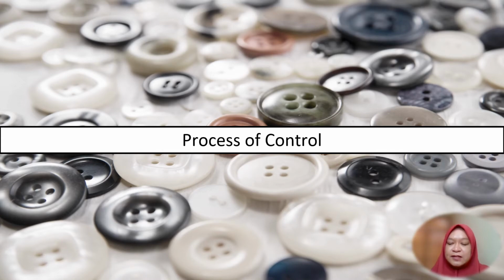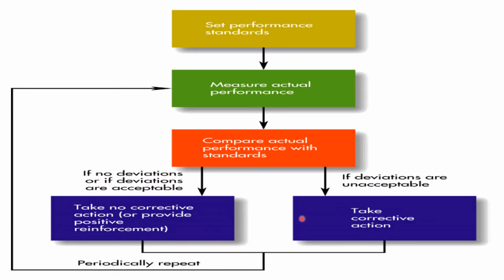So let's see the process of control. Basically, this is the process of control. First, we set the performance standard. Then we measure the actual performance, and then we compare the actual performance with the standard. If there are no deviations, or if the deviations are acceptable, if there's a little bit of difference from the standard, our expectation, but the difference is acceptable, then we will take no corrective action, we will accept it.